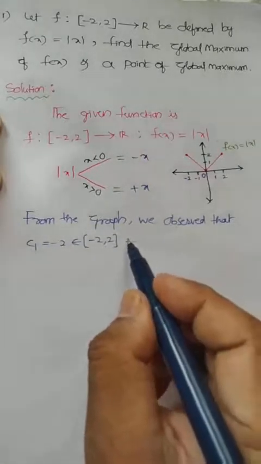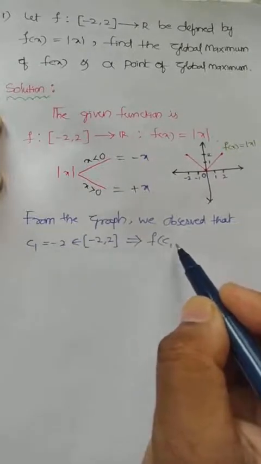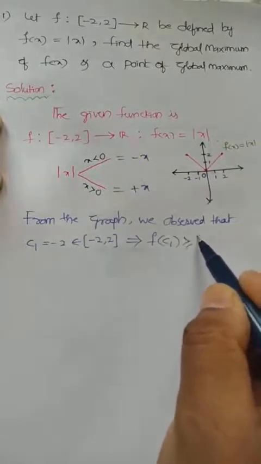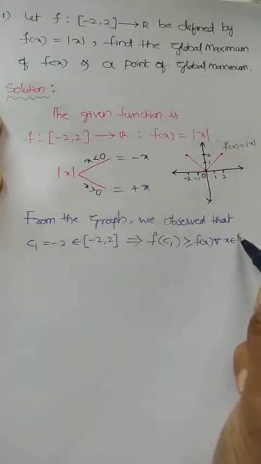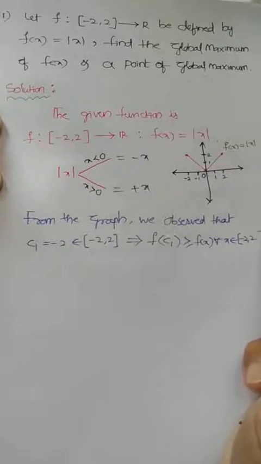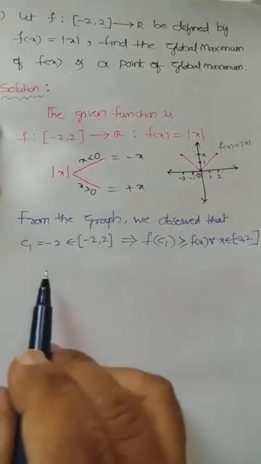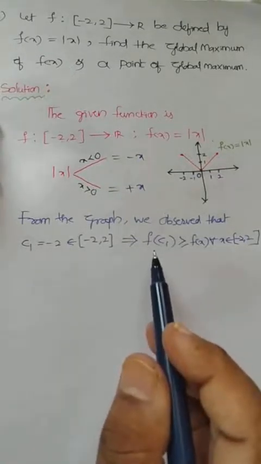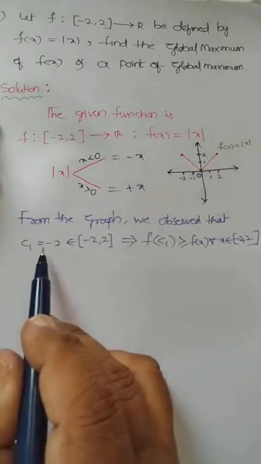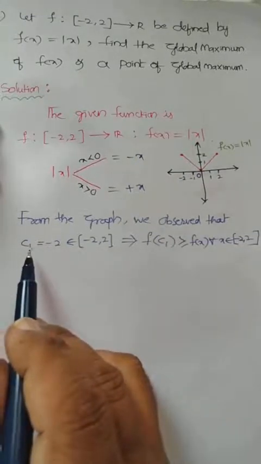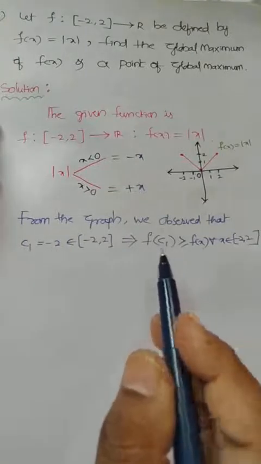It implies f of c1 is greater than or equal to f of x for all x belonging to minus 2 to 2. Isn't it? What is this? This is the definition of the global maximum, where it attains the maximum value at c1 is equal to minus 2.